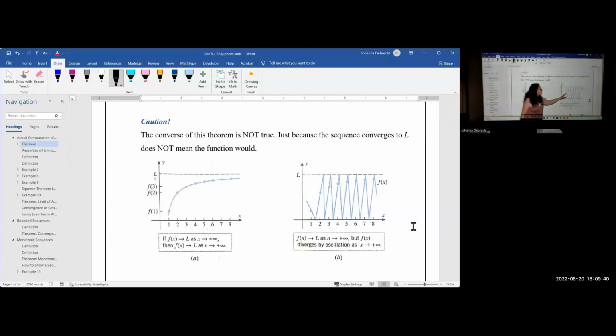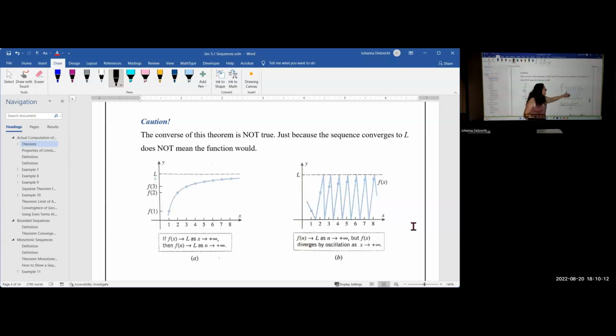And so the sequence on the right is again approaching y equals L. The terms of the sequence are approaching the value of L. But the function itself is not differentiable everywhere because it's got lots of corners. You can't take the derivative at a corner, but you can take derivatives on the line segments in between. You can see that the function is zigzagging between the horizontal asymptote L and the x-axis.